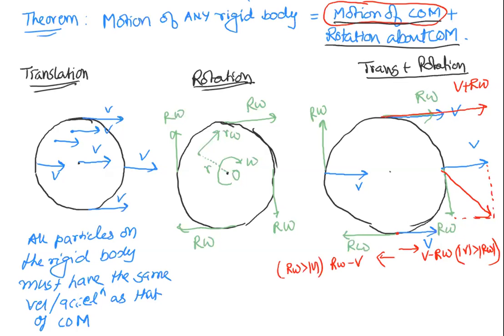Or it can be 0 if mod of v is equal to r omega. Very special point. Later on, we are going to see that this is actually the most common case that we'll be dealing with.